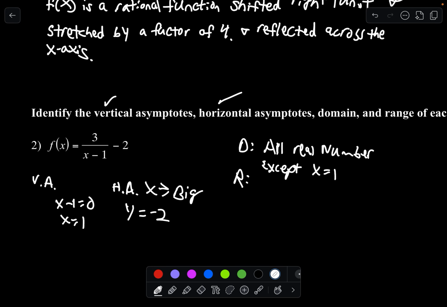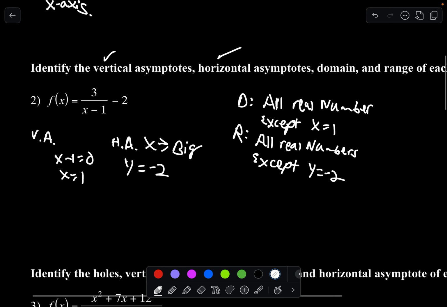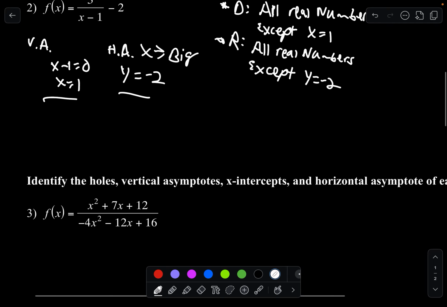The range is all real numbers except y equals -2 because that's a horizontal asymptote. And last, the horizontal, well, I should have said this, yeah, so I got everything. There's vertical, horizontal, domain, and range. All right, notice you except in the domain and range the vertical asymptote and the horizontal asymptote.